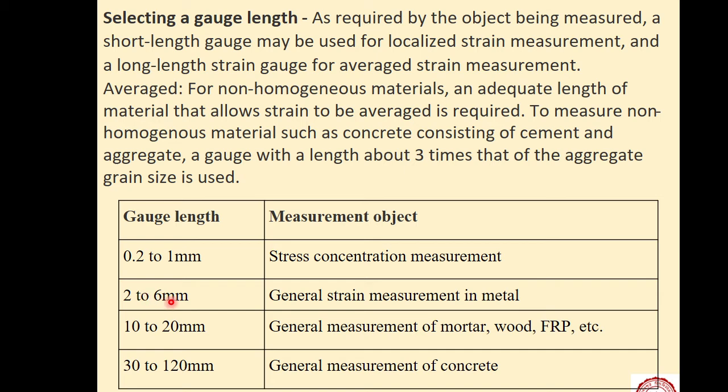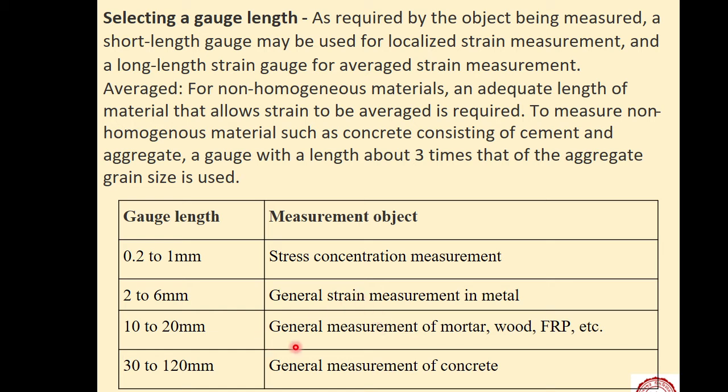Then if the material is not that homogeneous, for general application these are metals where the material itself is quite homogeneous, right? For non-metallic applications, the homogeneity of the material is not that uniform.